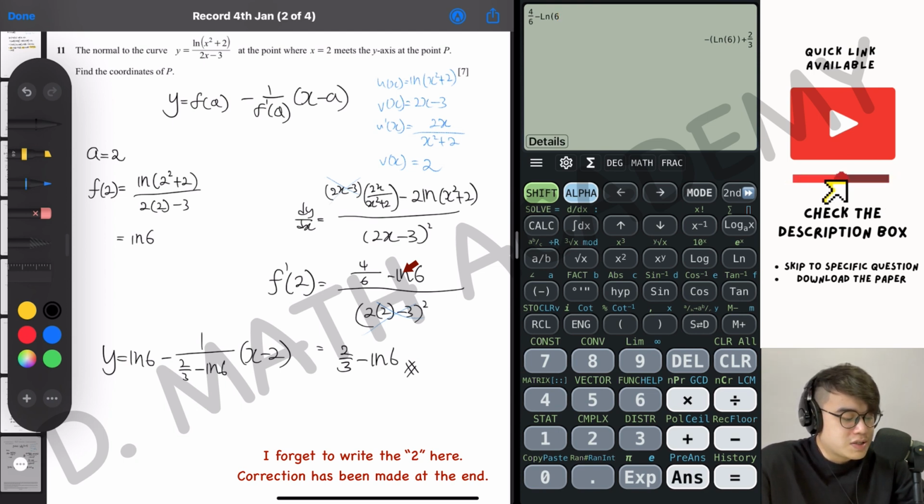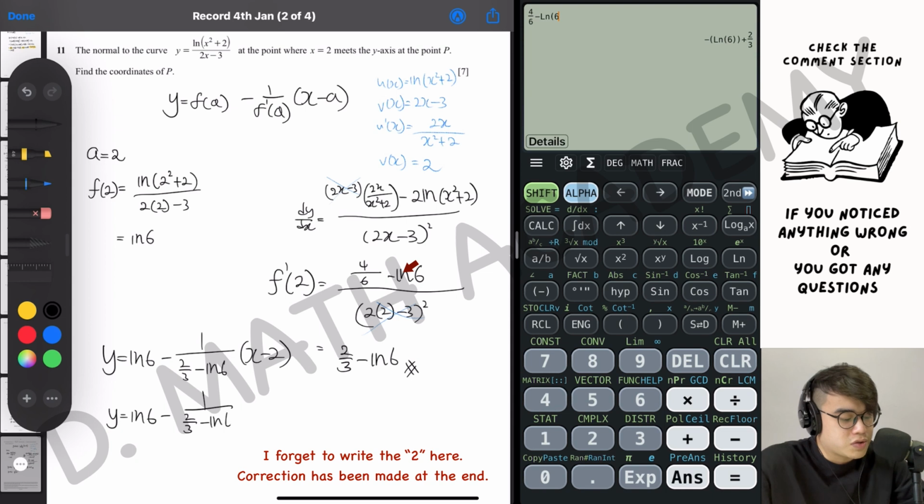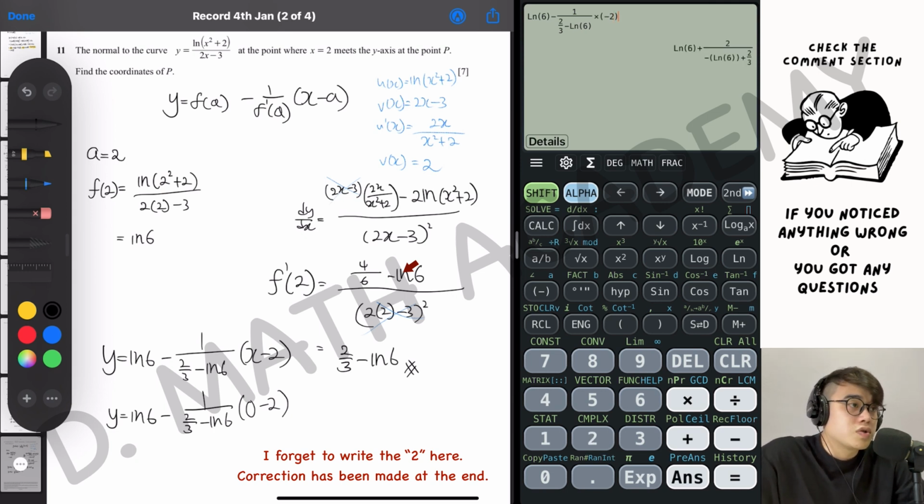So we have ln 6 minus 1 over 2 over 3 minus ln 6, 0 minus 2. So let's key in our calculator. ln 6 minus 1 over 2 over 3 minus ln 6 again, and then multiply it with negative 2. So you will get your final answer as 0.